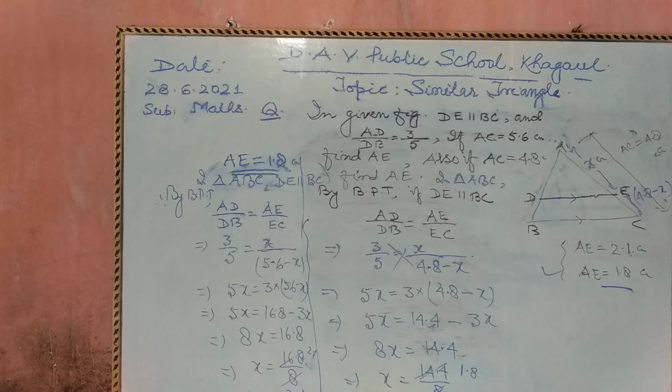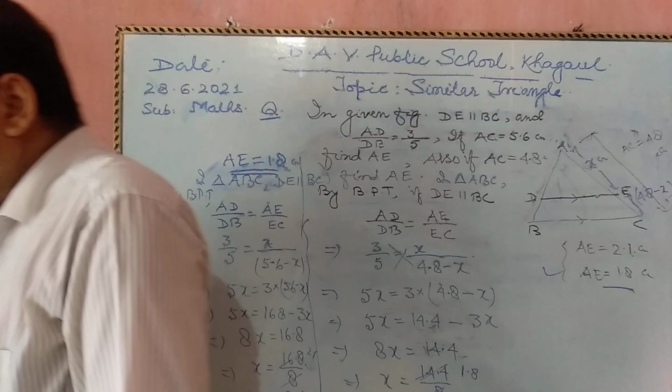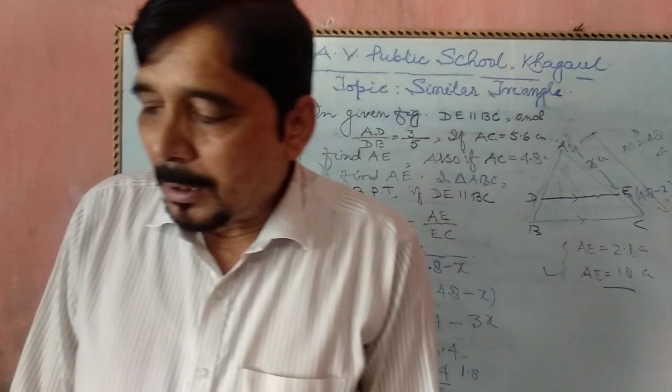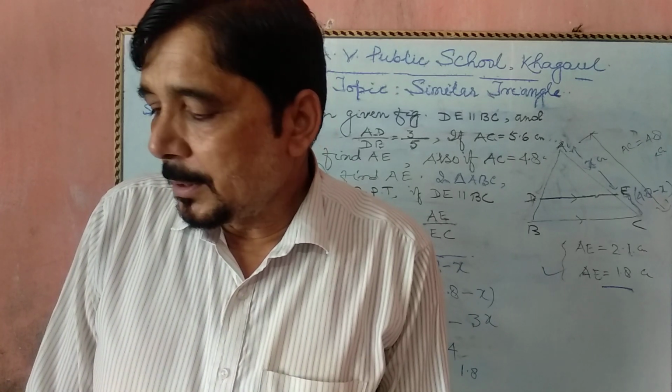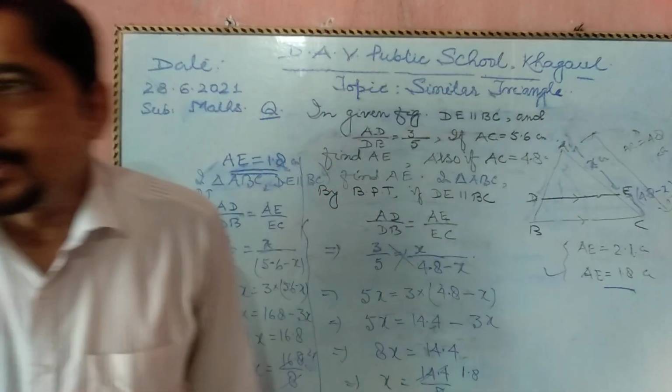So this type of question is one in which a triangle is given and a line is drawn parallel to any side of the triangle, and the lengths of some sides are given.